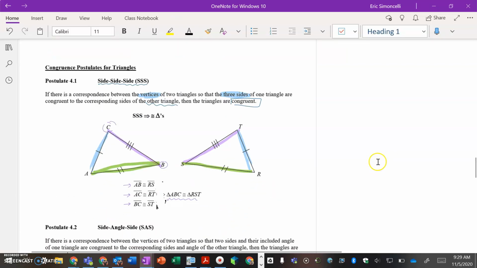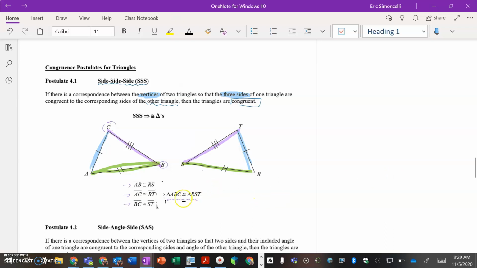Congruence postulates for triangles. We've discussed side, side, side before. I do want to just speak to how the parts AC is congruent to RT, as you see down below. AB is congruent to RS, and so on and so forth.